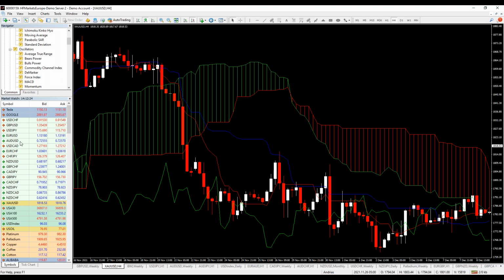Okay, you can see my screen. Let's discuss what we are seeing right now in this frozen screen because my PC has a problem. It seems that I have too many things open and that's why this happens. What we can see over here is a gold chart with the Ichimoku cloud on.